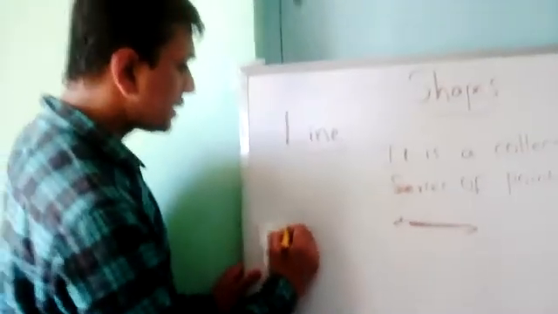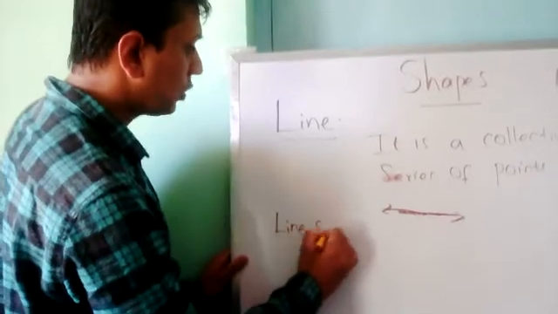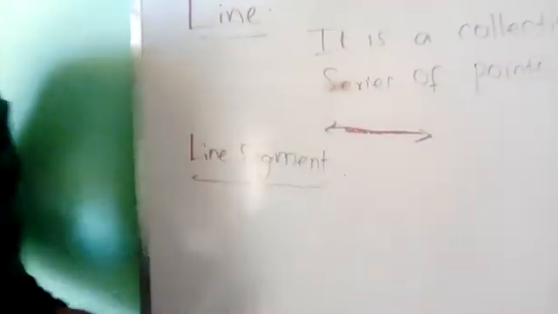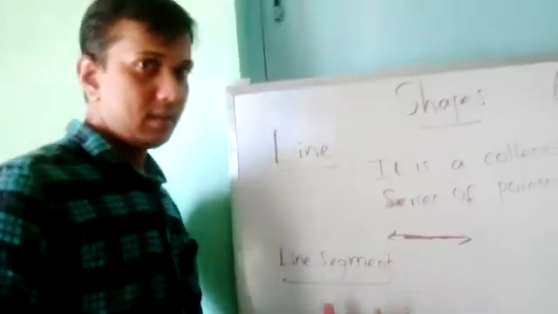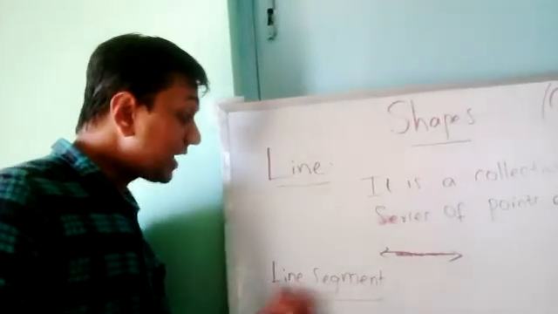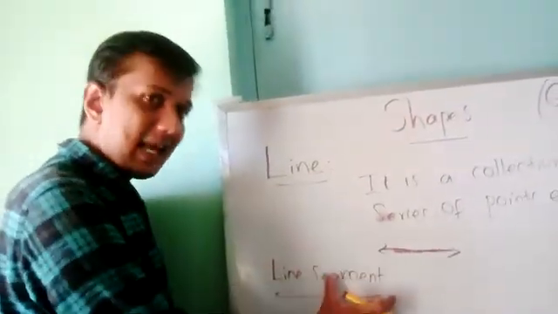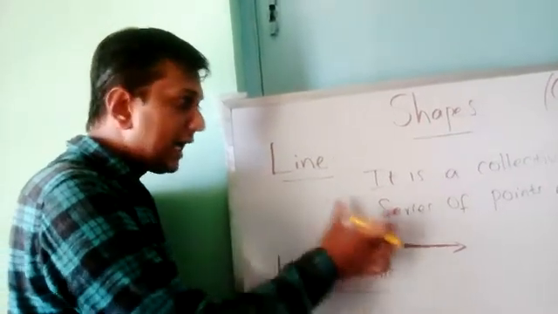The next definition we have to concentrate on is the line segment. Segment is nothing but part. Which part? Part of a line. A line segment is a part taken from the line.